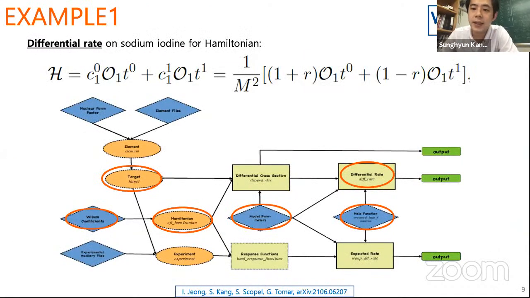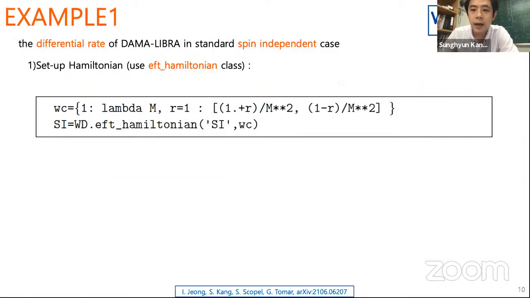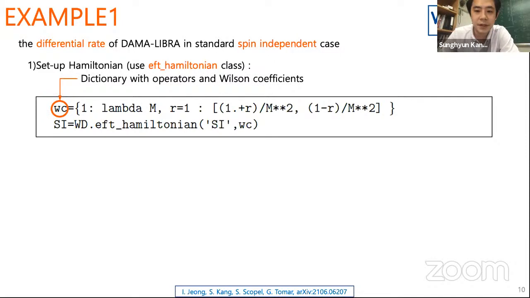From here, I will explain more details with examples. First example is the differential rate on sodium iodide for standard spin independent interaction. In this case, we need Wilson coefficients, target class, Hamiltonian class, model parameters, and halo functions. At the beginning, we can set up the Hamiltonian using the class named EFT Hamiltonian. This is a Python dictionary with operators and Wilson coefficients.